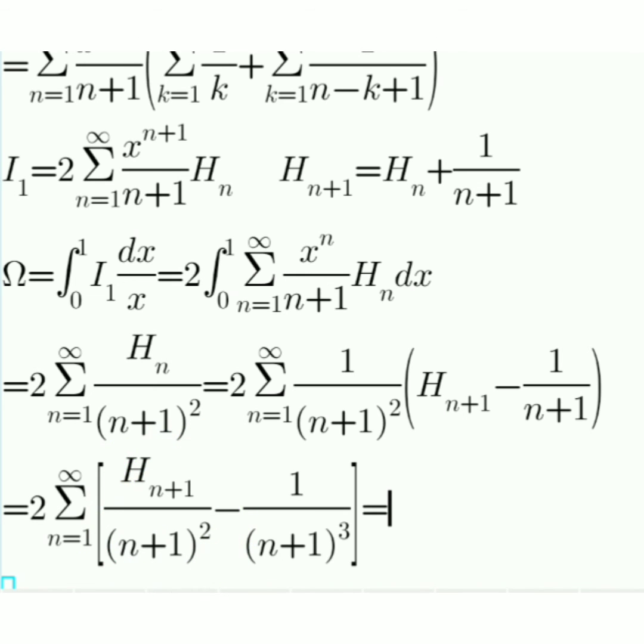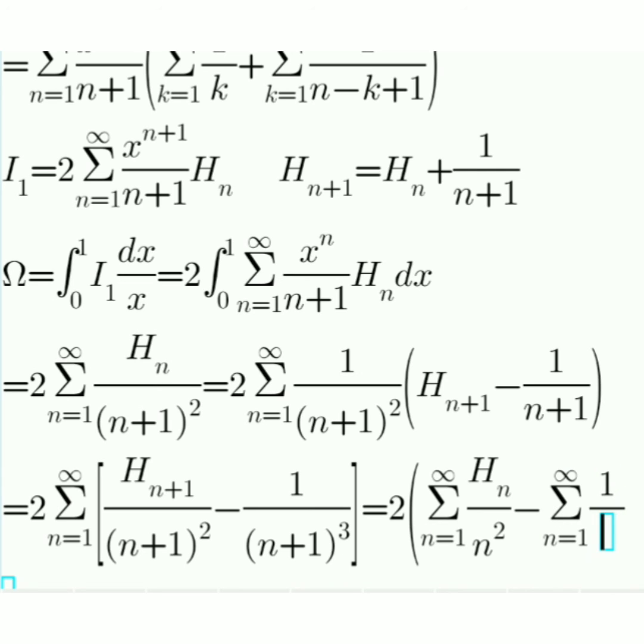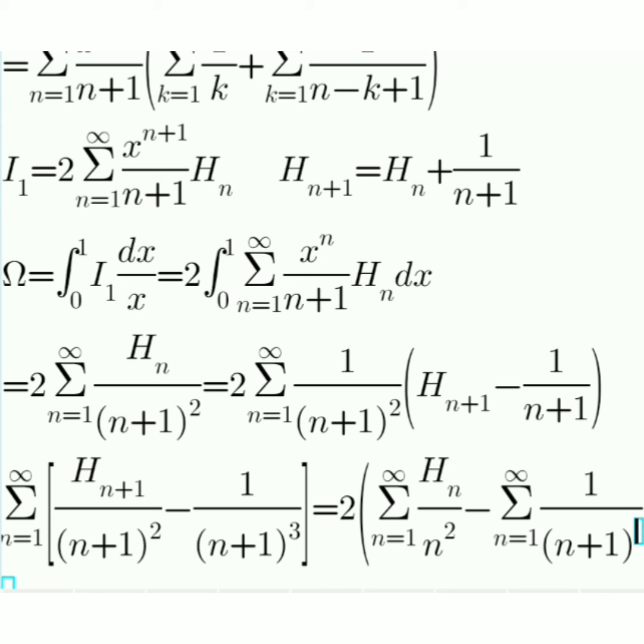It can be written this way: 2 into summation n equals 1 to infinity, Hn by n square, minus summation n equals 1 to infinity, 1 by n plus 1 whole cube.